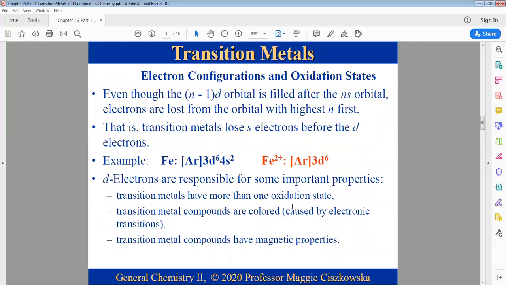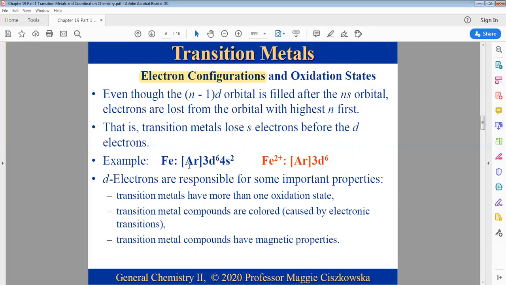And now, ladies and gentlemen, it is extremely important that you know electron configuration for transition metals, not only for metals themselves, but also for their ions. So just to give you an example, this is iron.